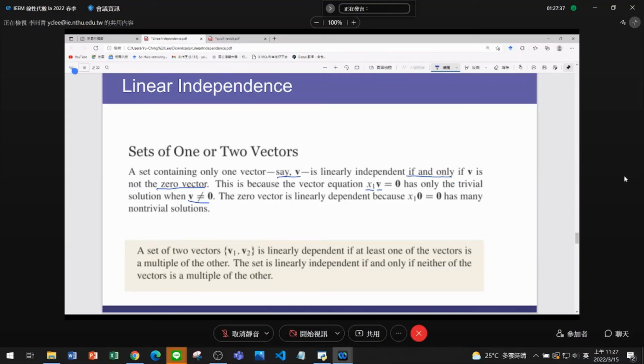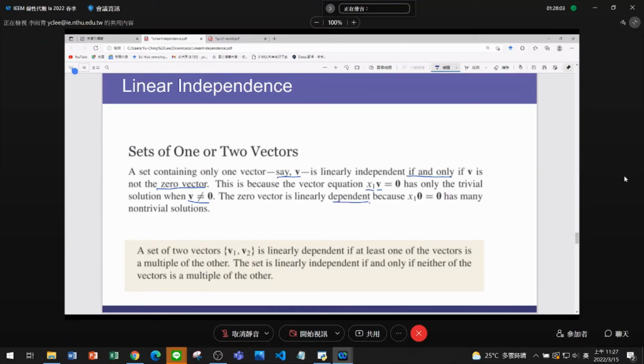So it satisfies the general definition of linear independent set. So even though there's a single vector inside the set, it can itself be linearly independent as long as it's not a zero vector. And the zero vector is linearly dependent.